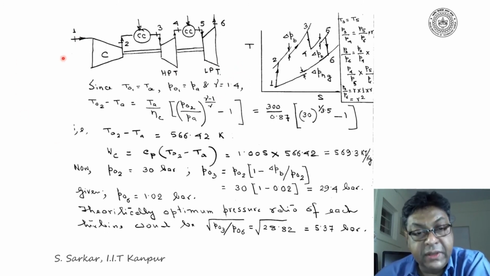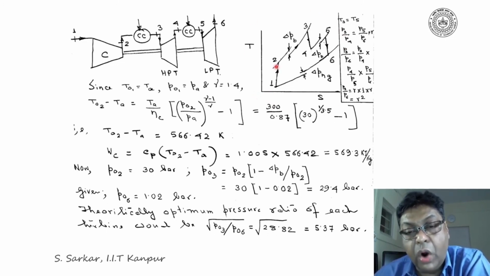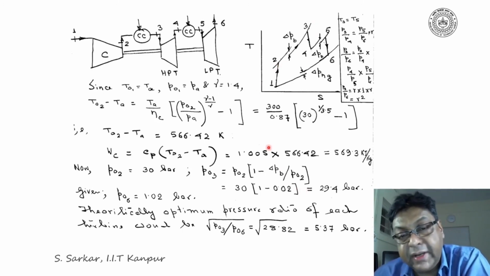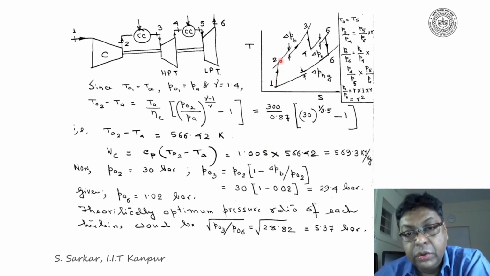State points have been denoted as 1, 2, 3, 4, 5, and 6, and the operations of the reheat cycle are presented here in the TS diagram, where 1, 2 represents the actual compression of air, 2, 3 the heat addition in the combustion chamber with a pressure loss del PB.